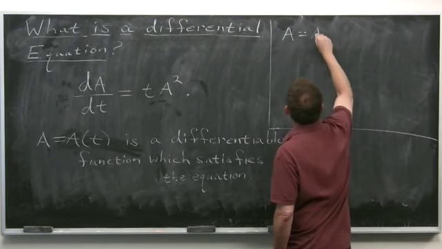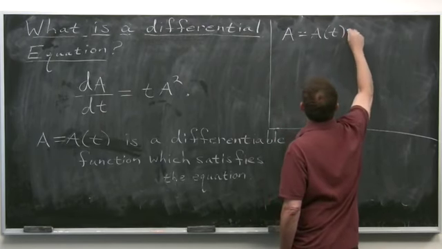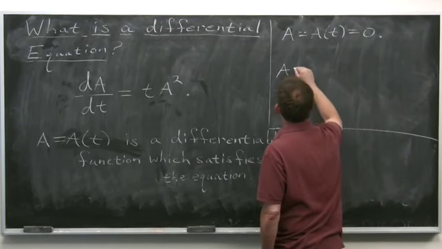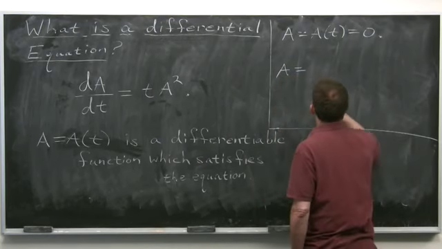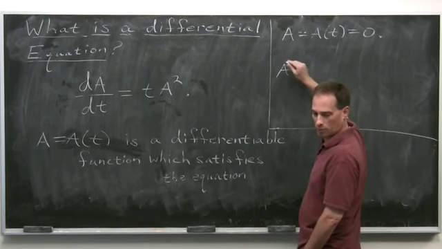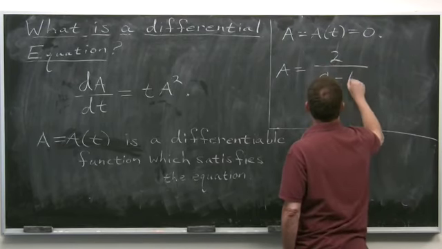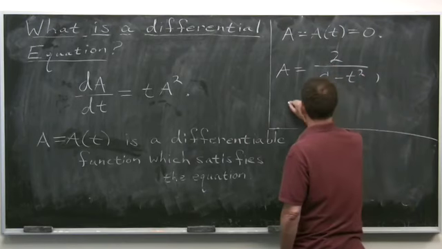There's the function A that's always 0, and there's the function A equals 2 over (c minus t squared), where c is any constant.